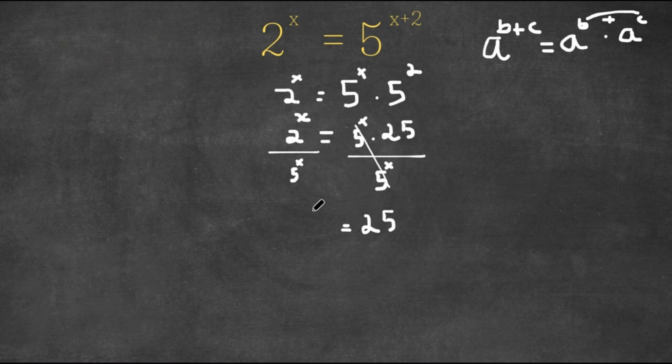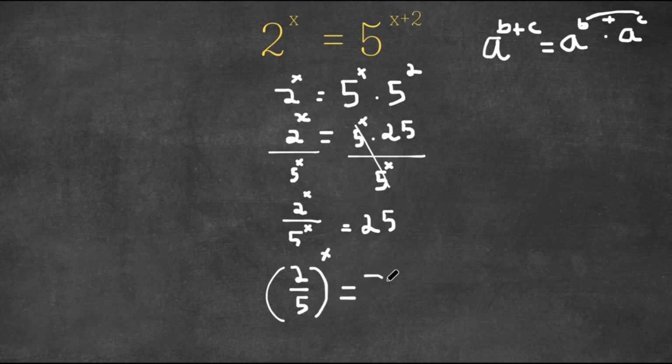And on our left-hand side, we'll have 2^x over 5^x. And this can actually be written as 2 over 5, whole power x. And this is equal to 25.